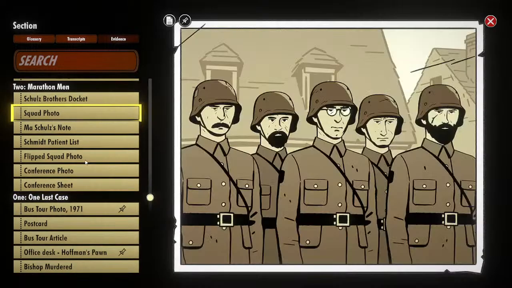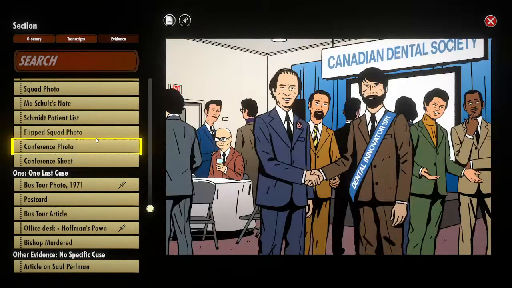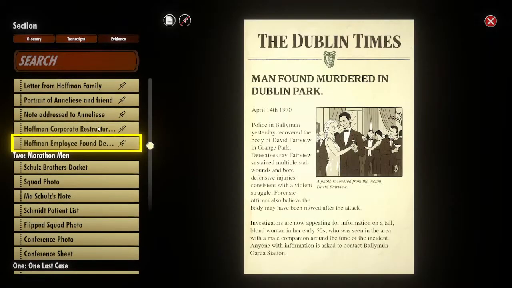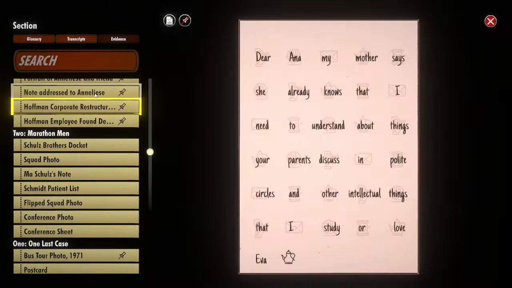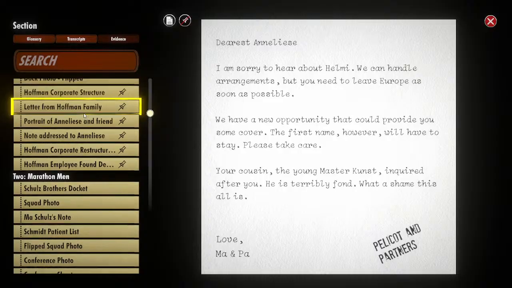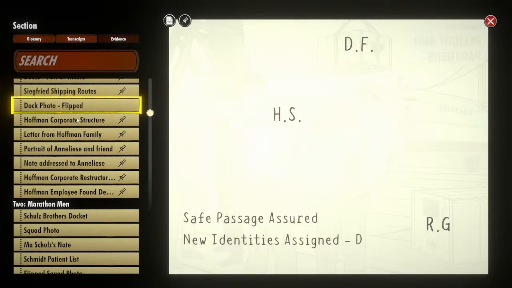Well, this whole dentist one I feel like is not related other than the fact that it gave us the shapes and that it has this guy who's going to come back later, I'm sure. Do we have anything that could possibly... New Jersey. I feel like I never used this thing on the back.